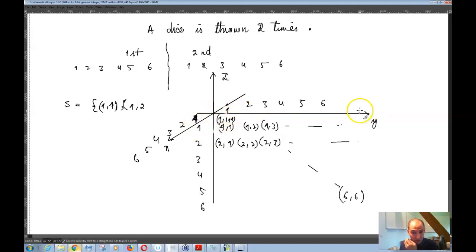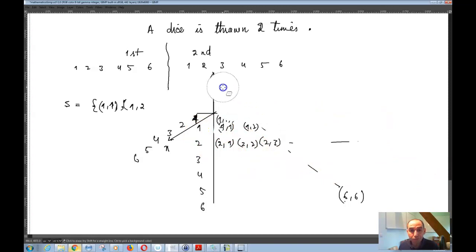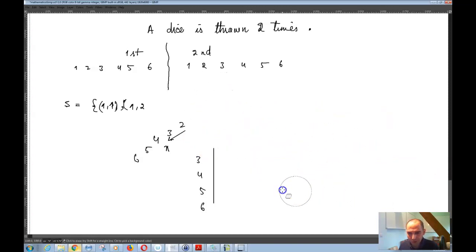So along this axis you would have a 1, along this axis you would have a 1, along this axis you would have a 2, so that would be 1, 1, 2, and then again 1, 1, 3, and so on and so forth. And then over here you would get 6, 6, 6. So that would be the three-dimensional model that would work in this case. So now let's first do this one over here, and then we will worry about the rest of the exercises.